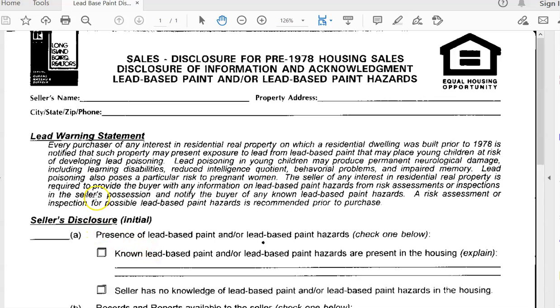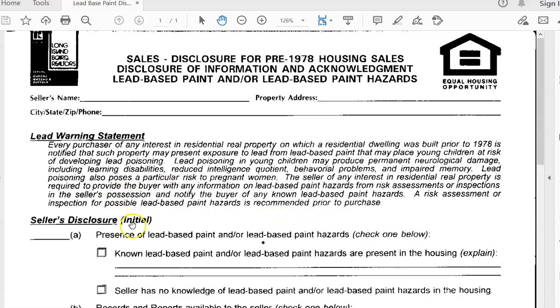This form is to notify the buyers if there is any presence of lead-based paint in the house, so long as the house was built prior to 1978. I believe it's July 1978 to be exact.